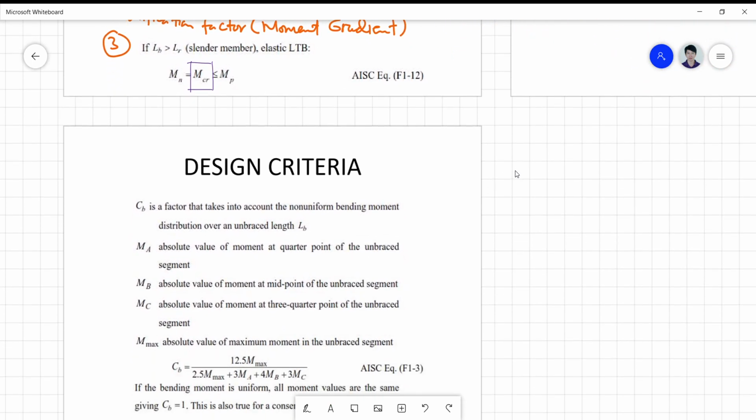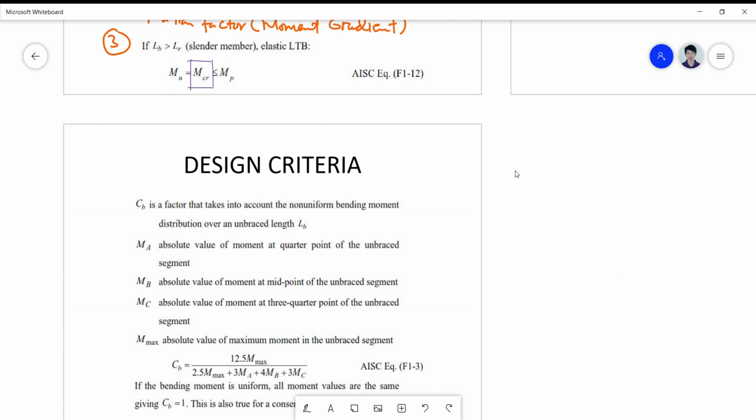So CB is a factor that takes into account a non-uniform bending moment distribution over the unbraced length. So CB is something beneficial rather than detrimental, no, to the value of your capacity. So this is always greater or equal to 1.0.